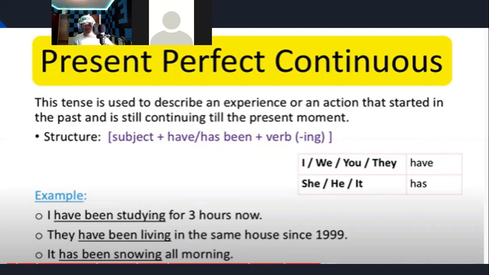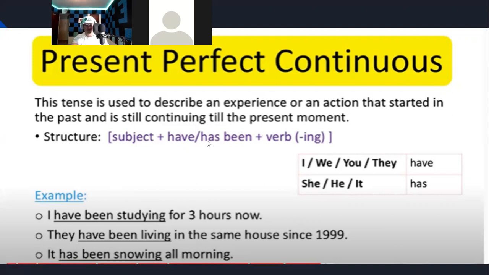I have been studying for 3 hours now. They have been living in the same house since 1999. It has been snowing all morning. It has been, they have been, you have been, we have been. This is the trick.